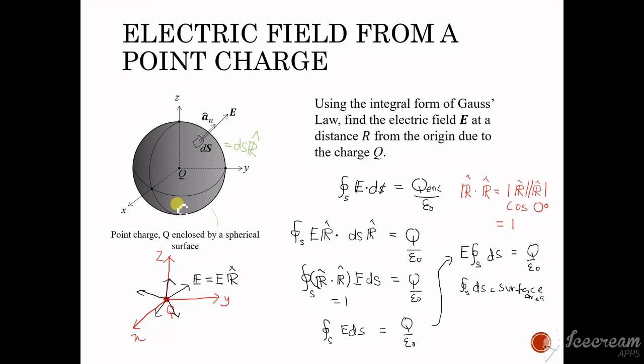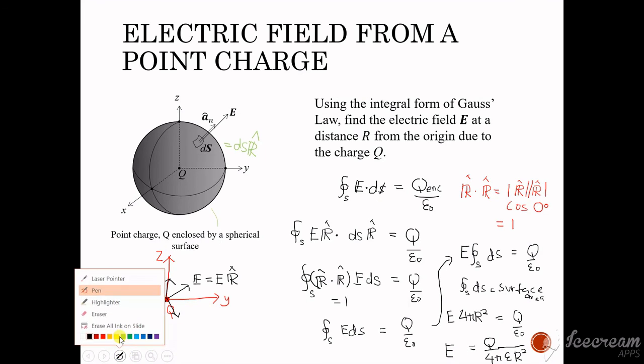Our closed surface is a sphere with radius r, so E times the surface area of a sphere, 4 pi r squared, is equal to Q over epsilon 0. We rearrange this, because we just want the electric field: E equals Q over 4 pi epsilon 0 r squared. That is the magnitude of the electric field.